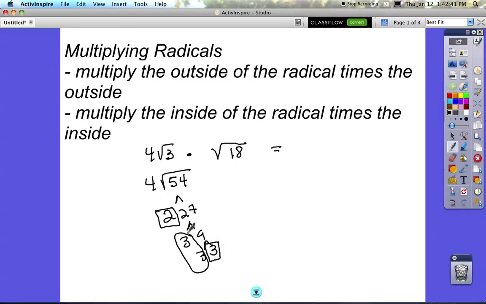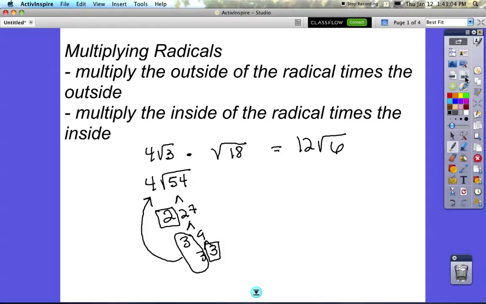So what is the only thing leaving the radical? Please draw your arrow up here. 3 times 4 is 12. What has to stay under the radical? 6. 2 times 3 is 6.